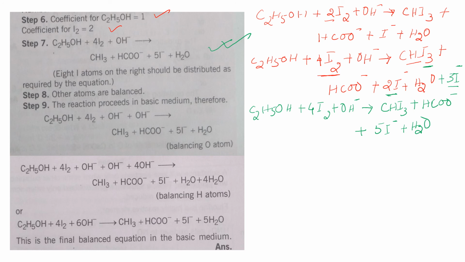As it is in the basic medium, the oxygen balancing is not the same way we have done for the acidic medium. So for that, what we have to do, we have to add the sufficient amount of OH minus ion on the side deficient of oxygen atom.